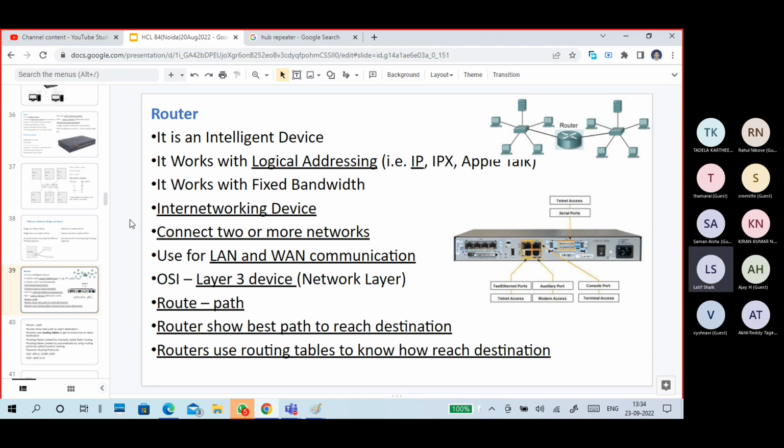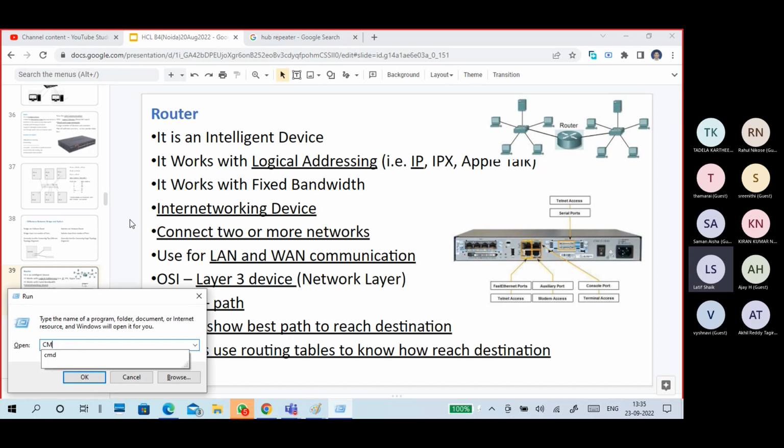Routers can be used in both LAN and WAN communications. Router is also used for connecting over the internet. Router is a layer 3 device, which is the network layer. The router name came from route. Route means path. The router shows the best path to reach the destination.